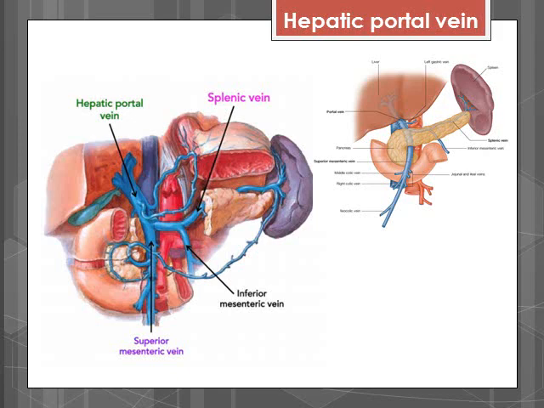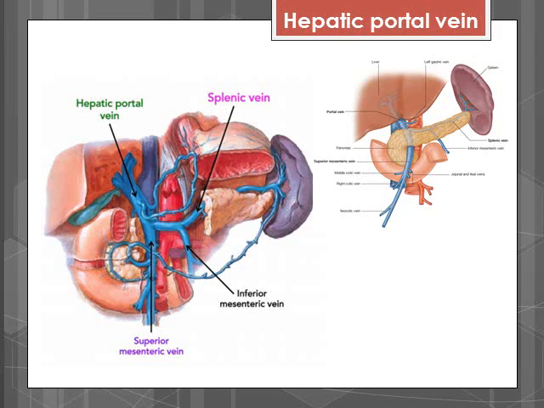Then the portal vein passes in the free margin of the lesser omentum behind the hepatic artery and the bile duct. It terminates at the hilum of the liver or the porta hepatis by dividing into right and left branches to the right and left lobes of the liver.